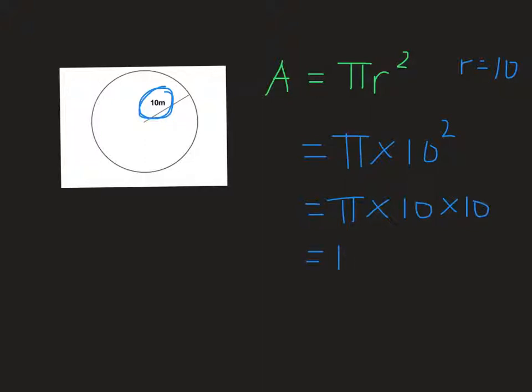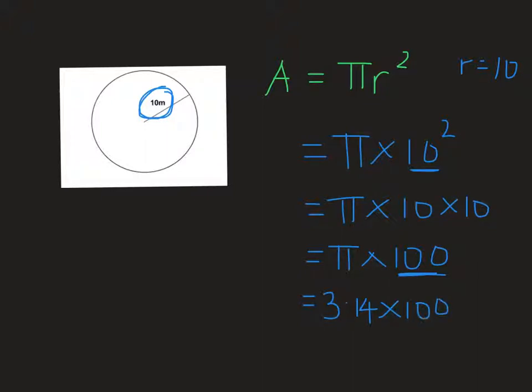I know that 10 times 10 is equal to 100, or 10 squared is equal to 100. Again, we can round pi off to 3.14 and do 3.14 times by 100.